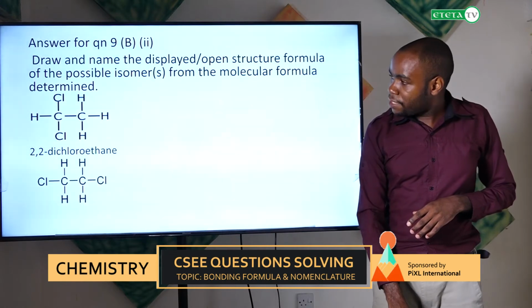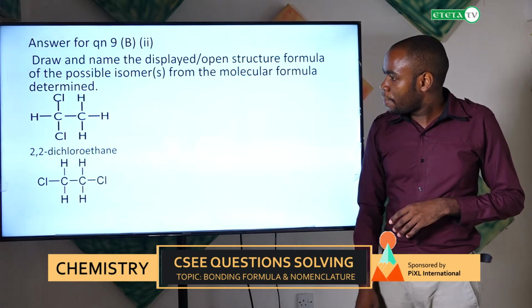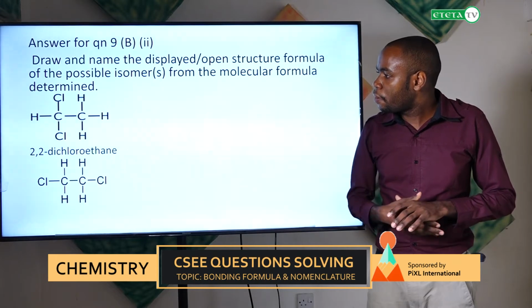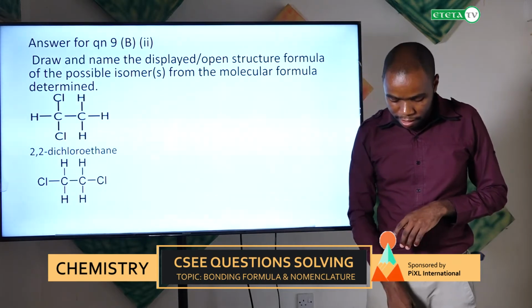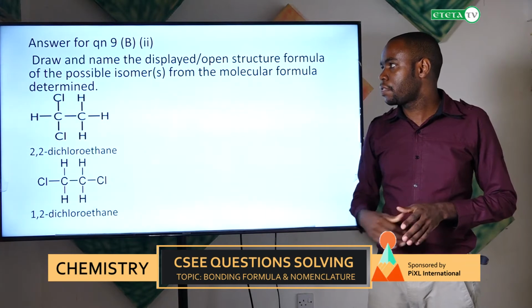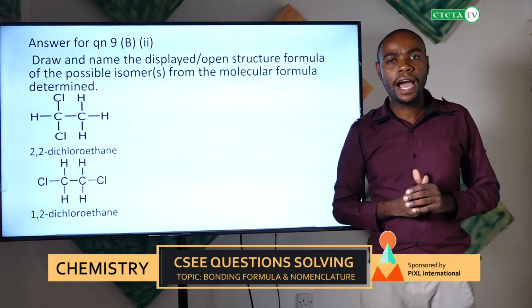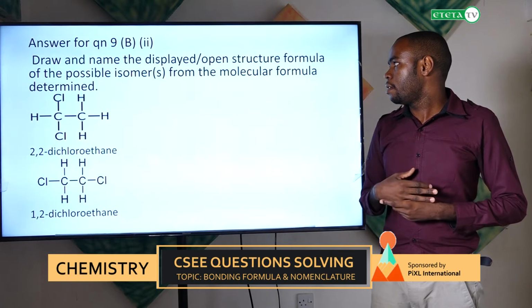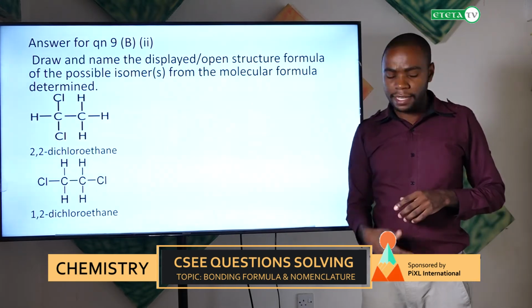The open structure for the second isomer is 1,2-dichloroethane. The name is 1,2-dichloroethane. So these are the 2 possible isomers as displayed from the molecular formula determined.